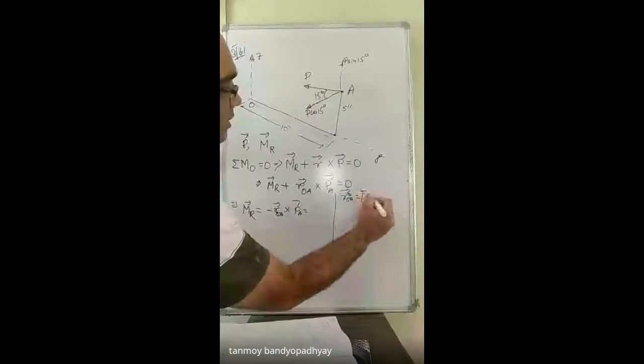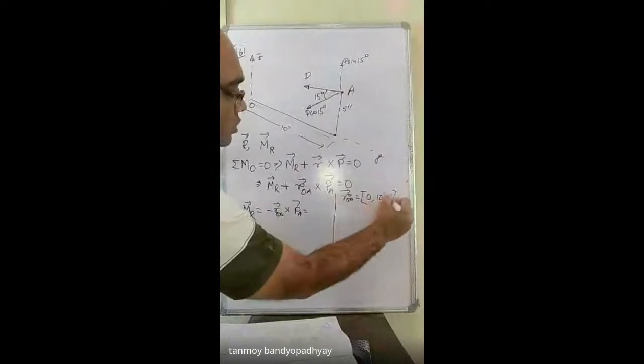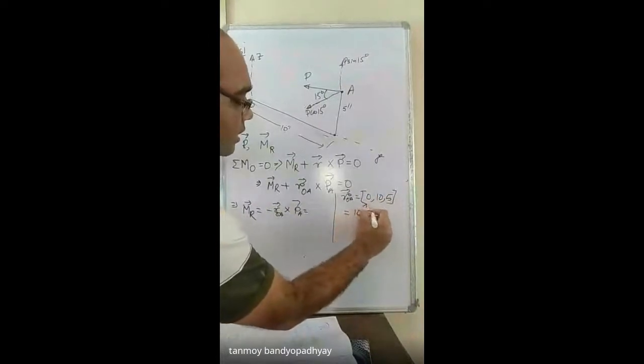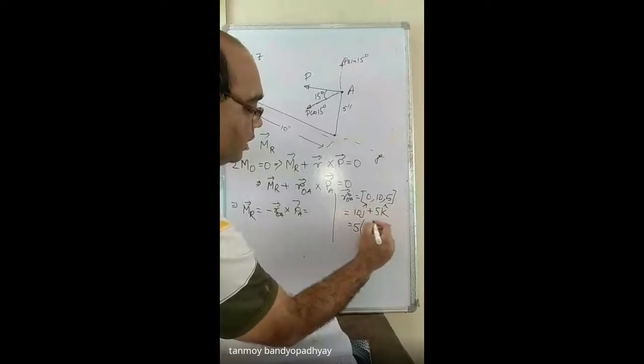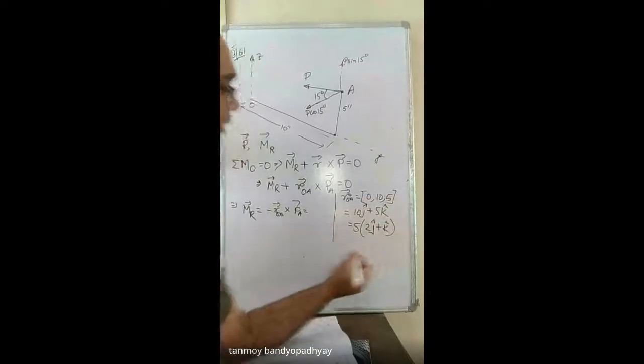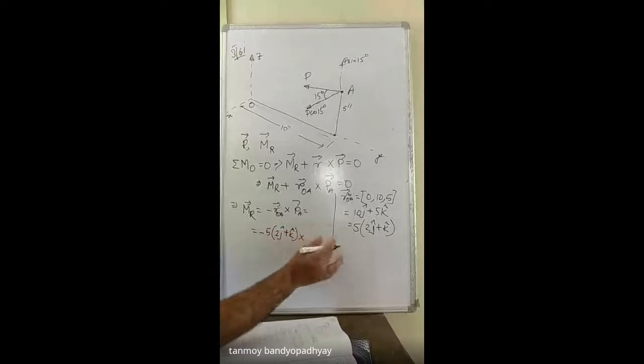So the coordinates are x is 0, y is 10, and z is 5. So ROA is 10 j cap plus 5 k cap. If I take 5 common, it is 5 times (2 j cap plus k cap). So M_R is minus 5 (2 j cap plus k cap) cross PA.